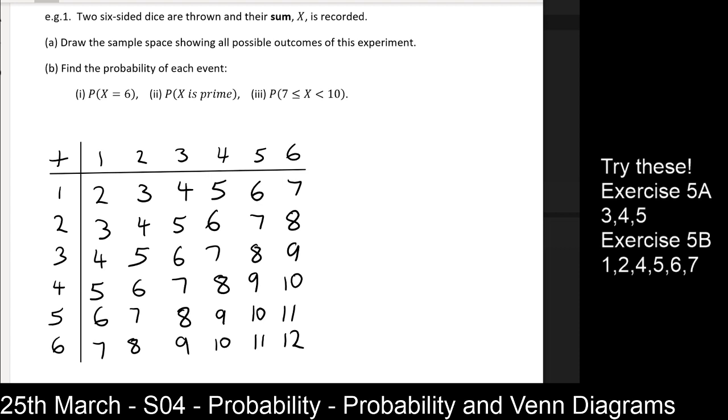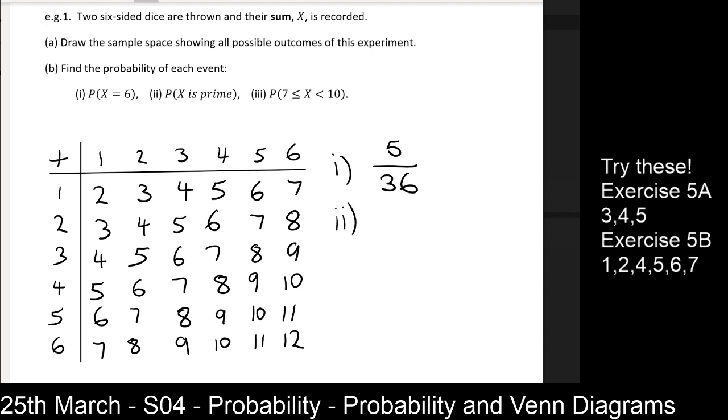And what I've written down is all the sums that they make. So this then helps me do part B, which is to find the probability of each event. So for the first one, the probability that X equals 6, there are 5 6s, so that goes on top of my fraction, and there are 36 possible outcomes altogether. So there's 5 ways that this event can happen out of 36 possible outcomes.